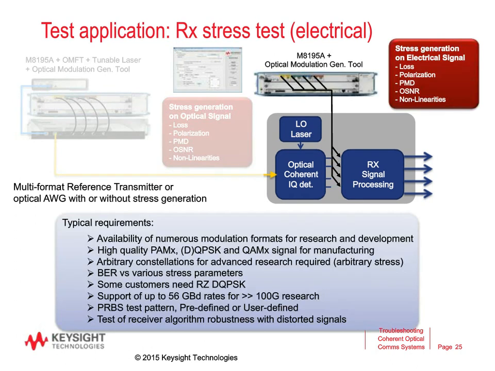It's also possible to think about using just the electrical part and stimulate the receiver electronics, the processing part of your receiver, with the arbitrary waveform generator directly. And again, it's possible to generate a number of modulation formats for research and development applications.